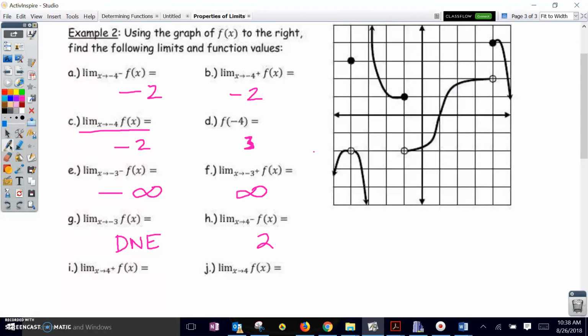And part I, we're approaching 4 from the right. We're going to hop on the graph to the right and walk along the graph closer and closer to 4, and the function value is getting closer and closer to 4.